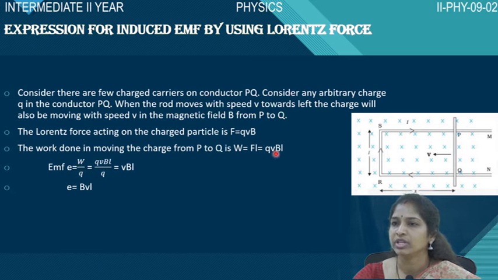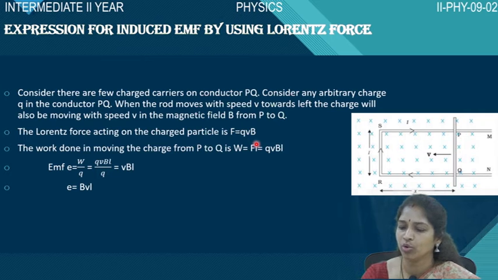If I substitute, what do we get? E equals QVBL by Q. Then this Q will get cancelled. Then we get E equals VBL, which is the expression for induced EMF. The same expression we got, but here we derived it using the Lorentz force, which is F equals QVB.